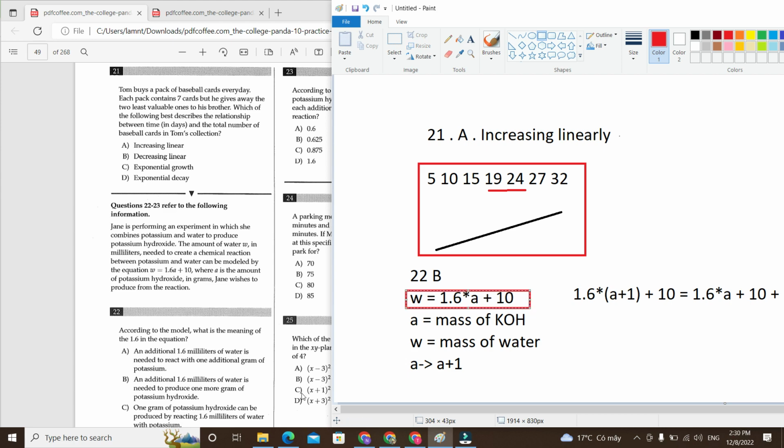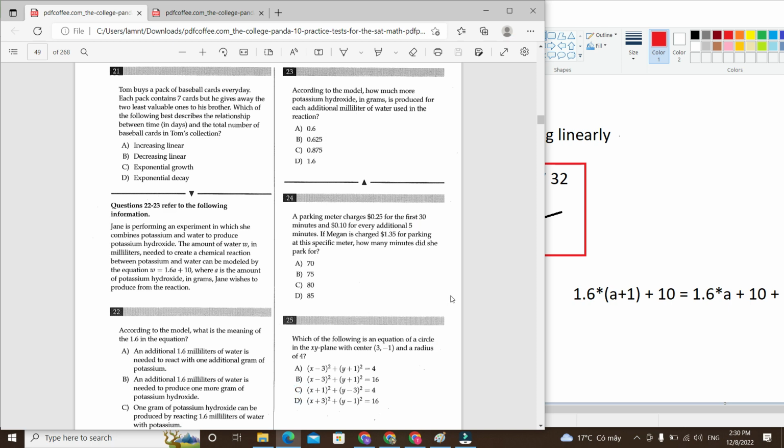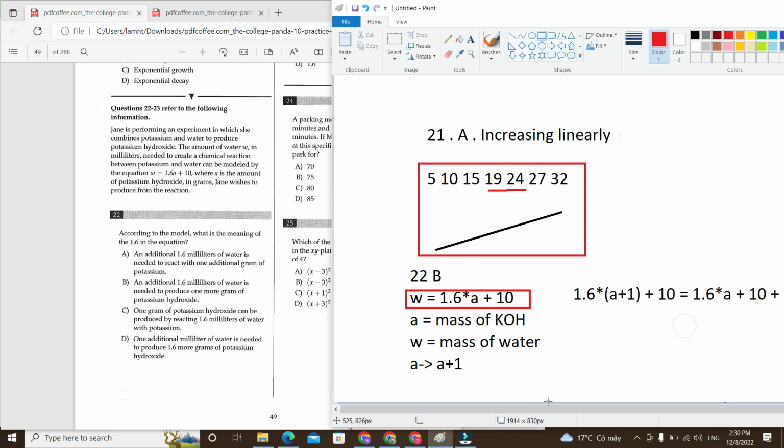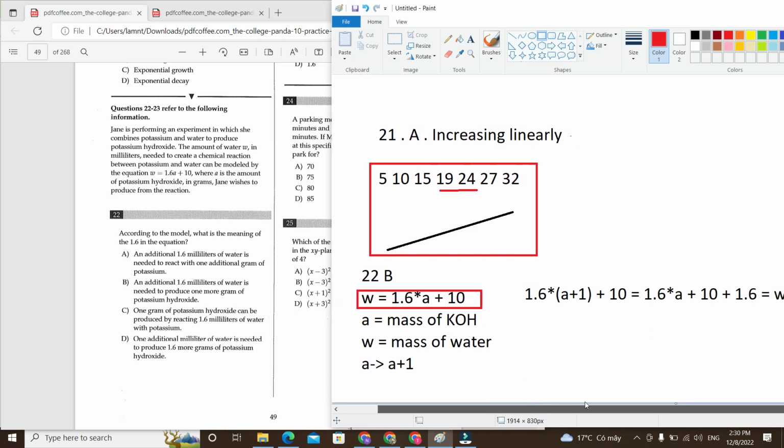Number 22 asks us about the meaning of the 1.6. You can see here A is the mass of potassium hydroxide, or KOH, and W is the mass of water. Now, the options: A, an additional 1.6 milliliter of water is needed to react with 1 additional gram of potassium.